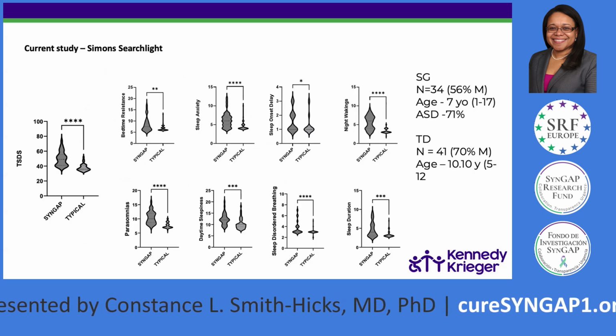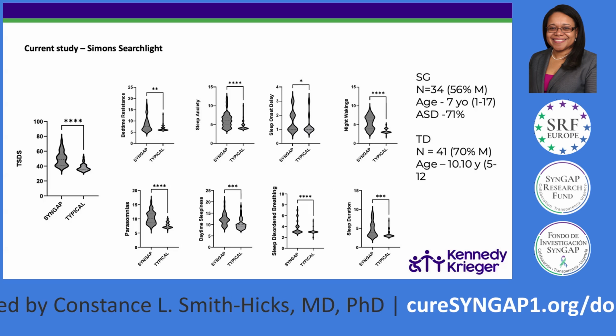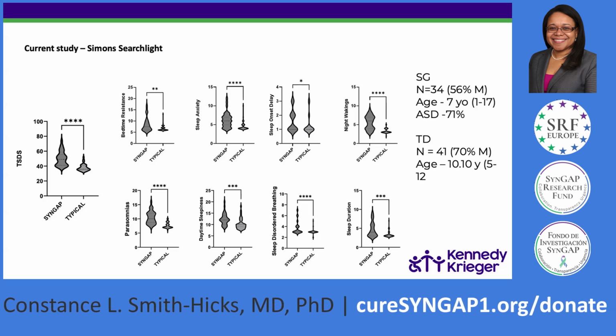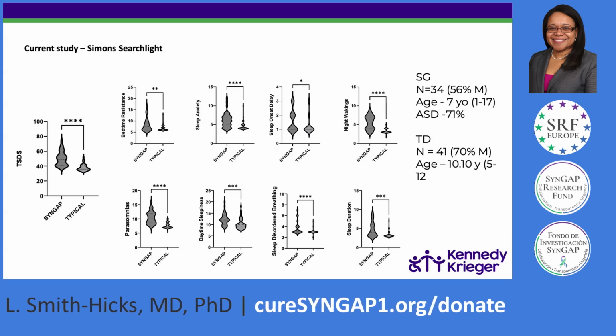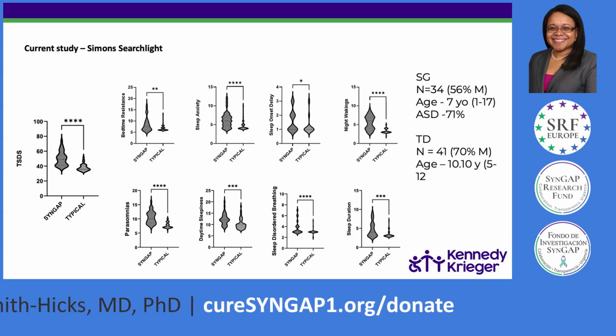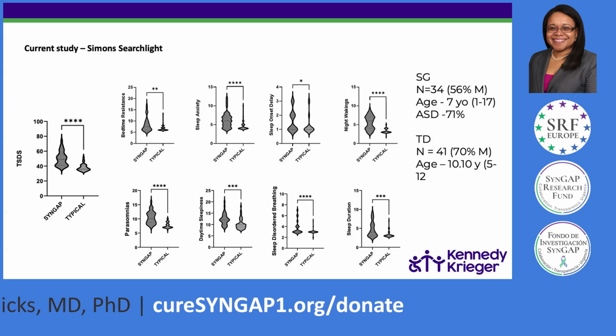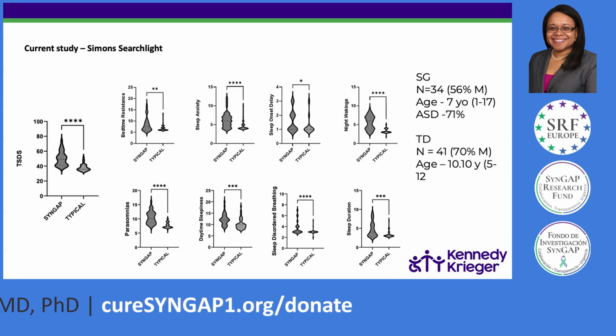And really encouraging for us, we saw a very similar pattern with our current cohort from the Simons Searchlight database, where total sleep scores, in addition to all subscale scores, were significantly higher in individuals with Syngap 1.